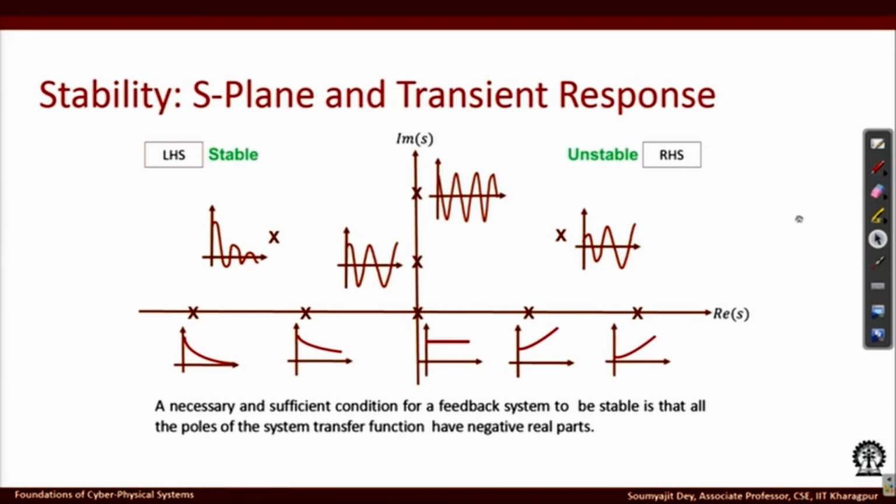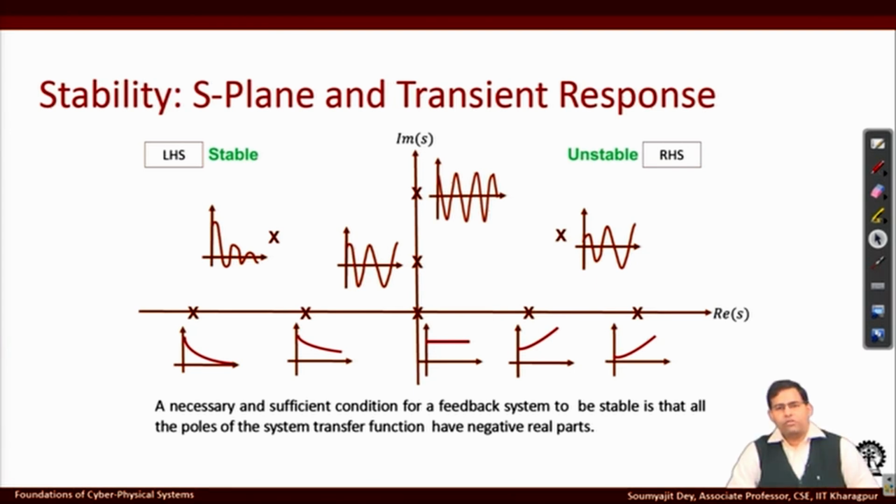So, the way we characterize stability is something like this. Suppose you are given this transfer function and you have figured out the positions of the poles. If all the poles have negative real parts, we will say that the system is stable. And if some poles have positive real parts, we will say that the system is unstable.